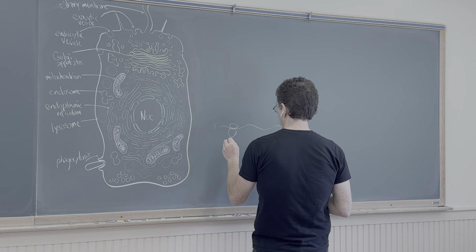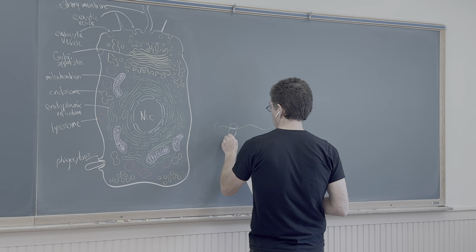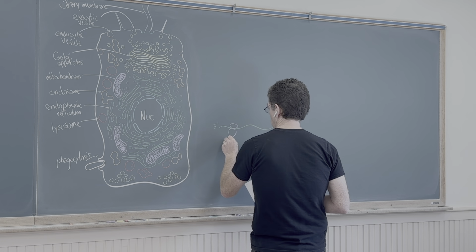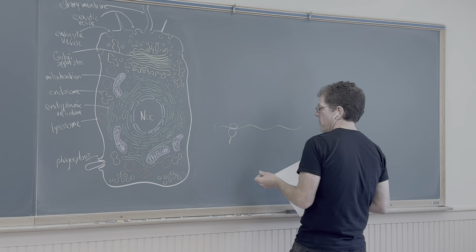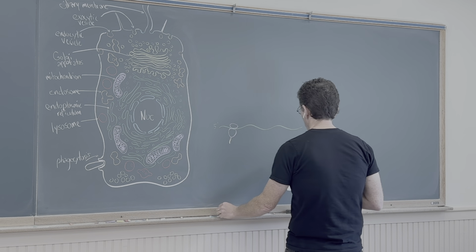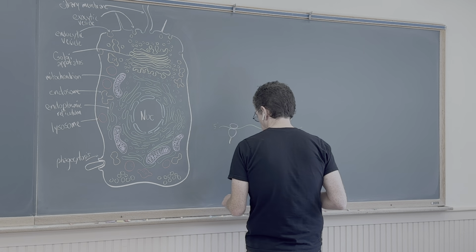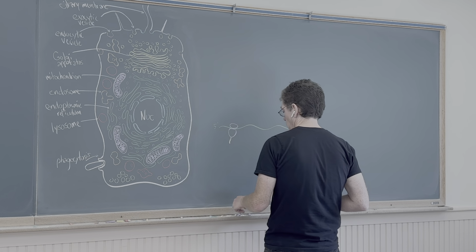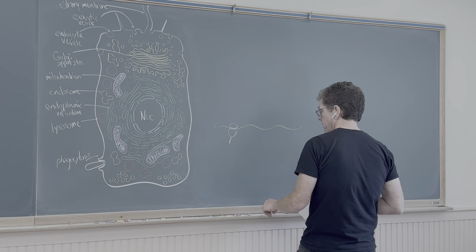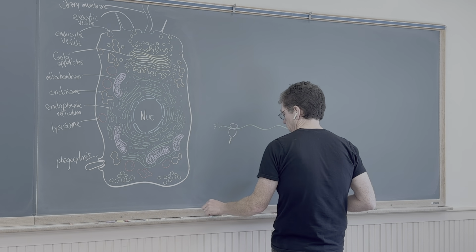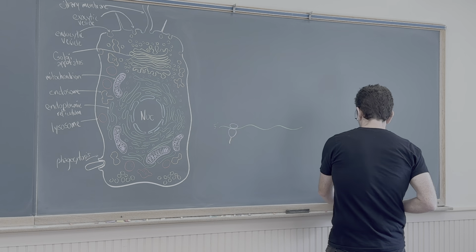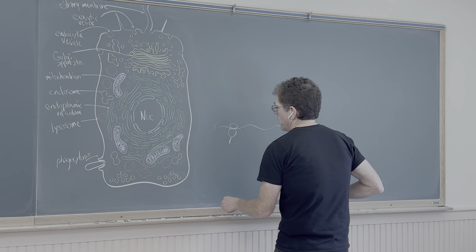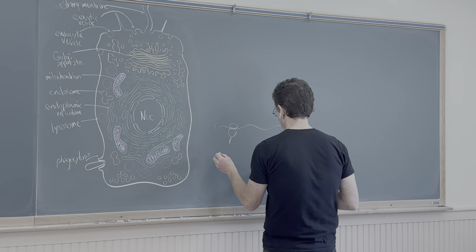As a protein gets extruded from the ribosome, if it happens that this N-terminal 20 or so amino acids folds up into a helix with some hydrophobic residues on the outside, then it's recognized by a signal recognition particle, which is an ancient part of the kit of life.